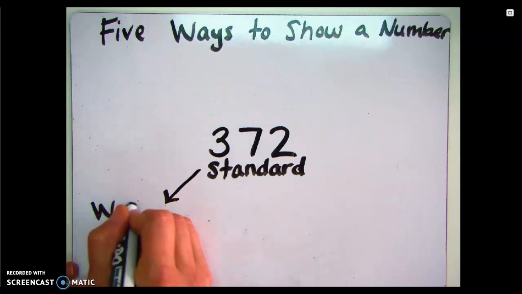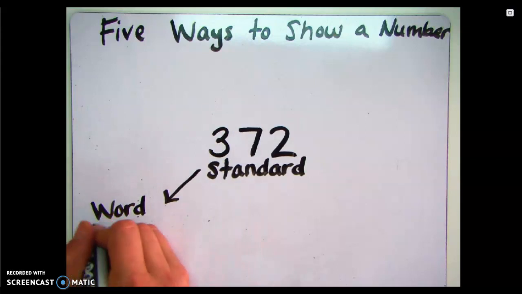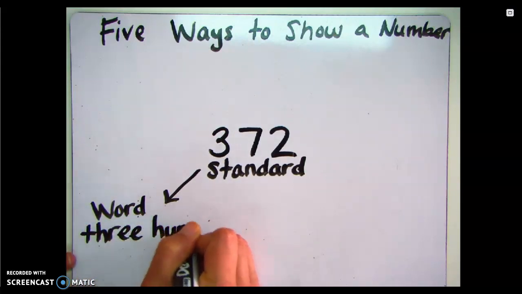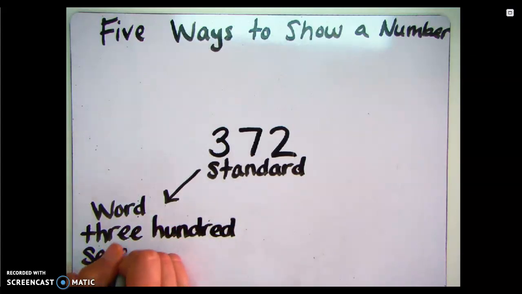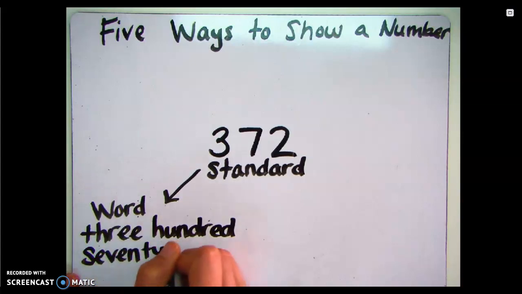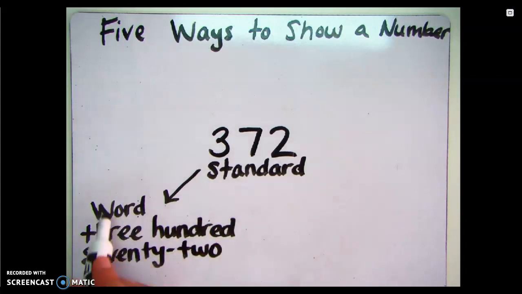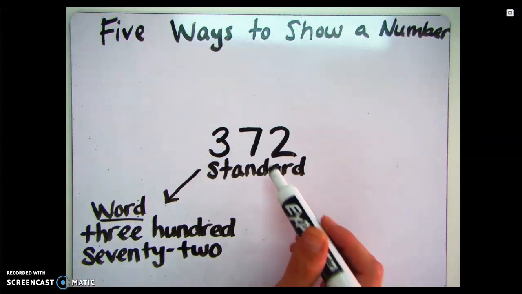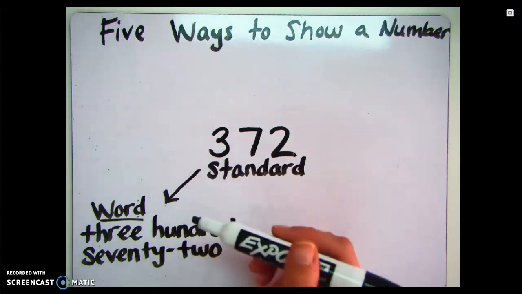I'm going to write down the words that I said. 372. So that is word form. So there are 2 ways. Standard form, written with numerals that I'm used to seeing, and word form.